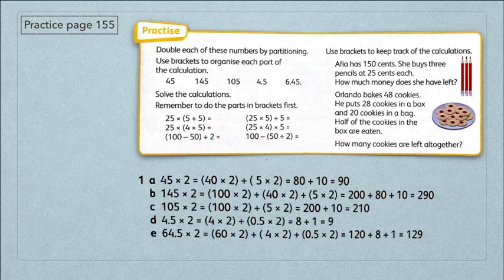Last but not least, E is going to make 60 times 2 plus 4 times 2 plus 0.5 times 2. 120 plus 8 plus 1, it's going to give us 129.